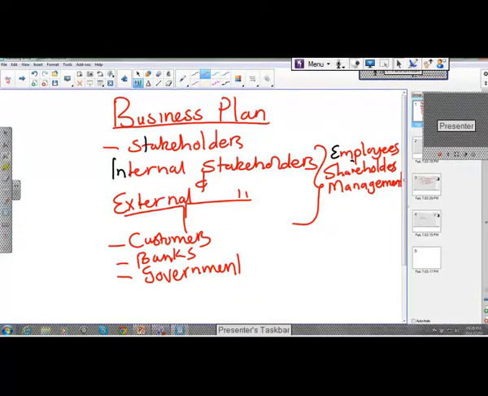So those are the categories of stakeholders. So you need to identify who your stakeholders are and make sure that your business plan addresses what they're expecting from you.